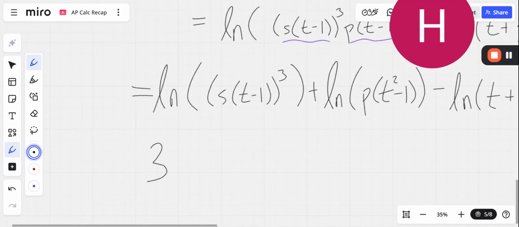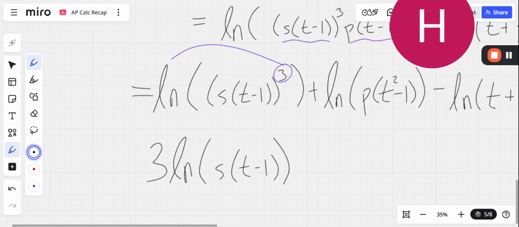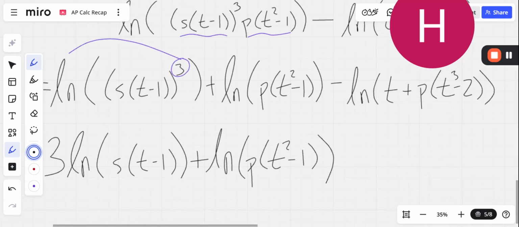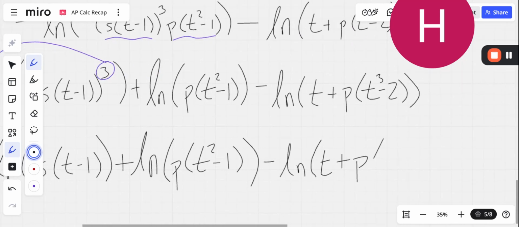But if we use the power property, we can bring that 3 in front. And so we're going to have 3 ln of s of t minus 1 plus ln of p of t squared minus 1 minus ln of t plus p of t cubed minus 2.